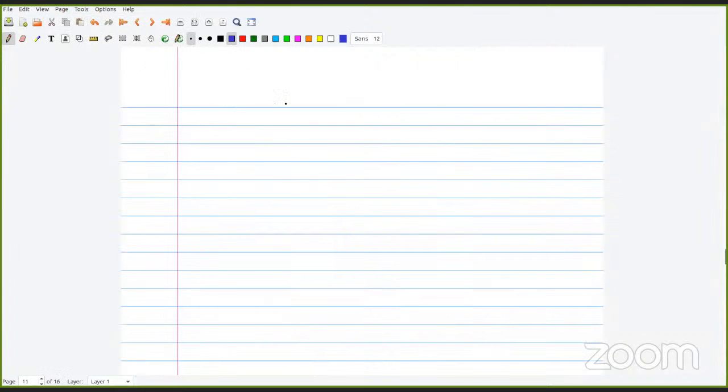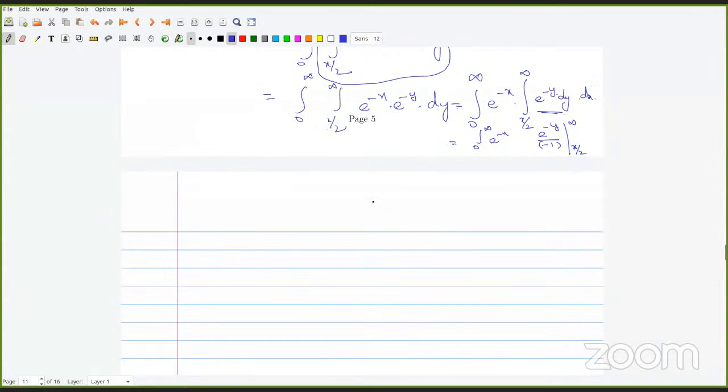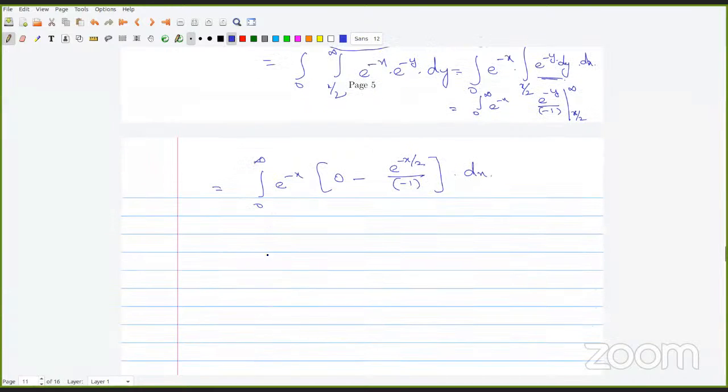So this is actually equal to 0 to infinity e to the power minus x times 0 minus e to the power minus x by 2, divided by minus 1, dx. If we simplify, we will get e to the power minus x times e to the power minus x by 2 dx. And this will be 0 to infinity e to the power minus 3x by 2.